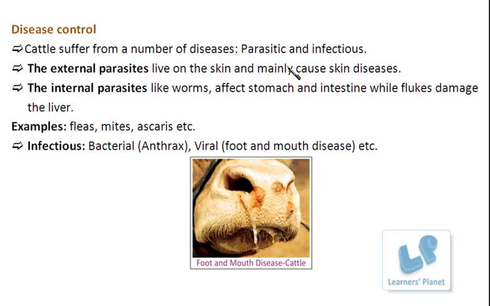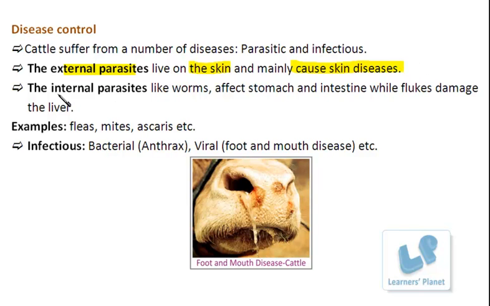Now parasites can grow either over the skin only, or they can be internal. That means they can enter the internal system. Right. So these external parasites, as they live only on the skin, usually cause skin disease in these particular organisms.